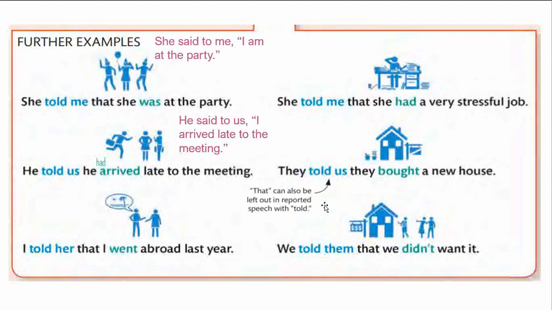That is dropped. Grammatically it is known as ellipsis, dropping out any word, and even then the sentence is complete and correct. We told them that we didn't want it. We did not want it, or we didn't want it. Construct the direct speech as well as the indirect speech to practice the lesson that we have learned so far.